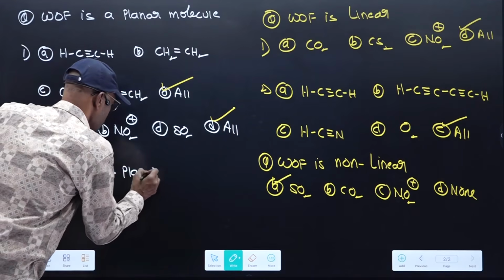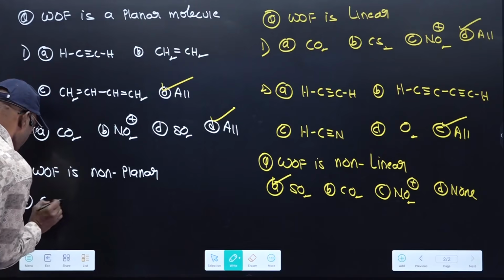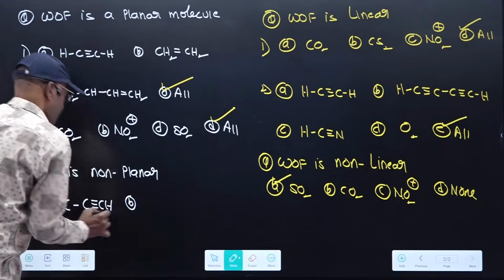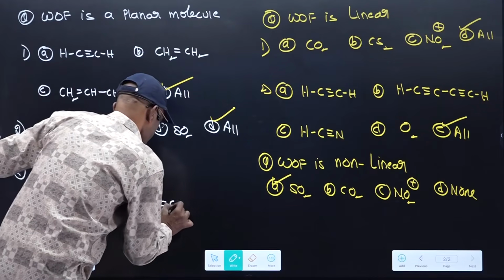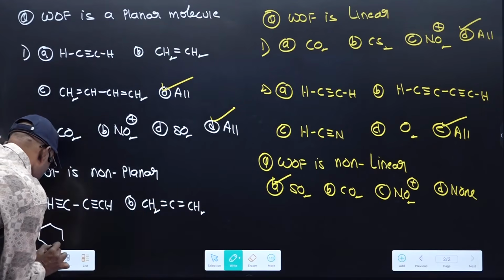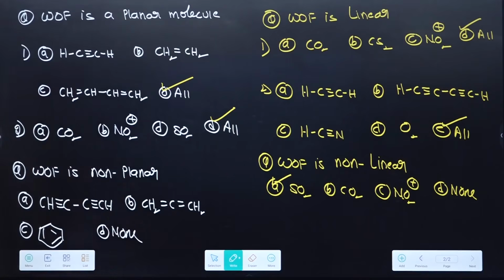Which of the following is non-planar? Non-planar.